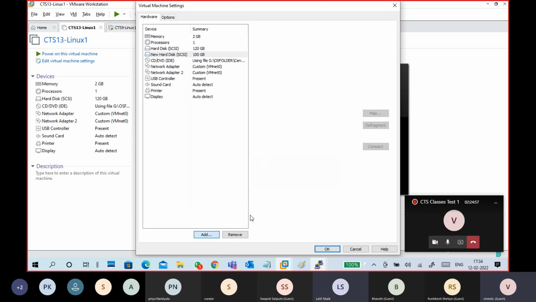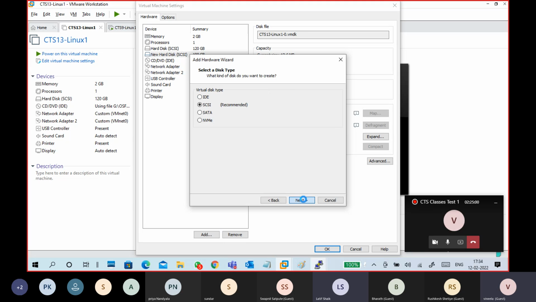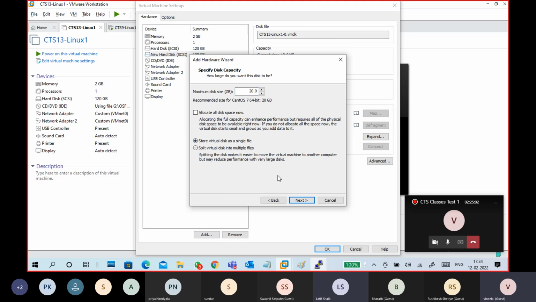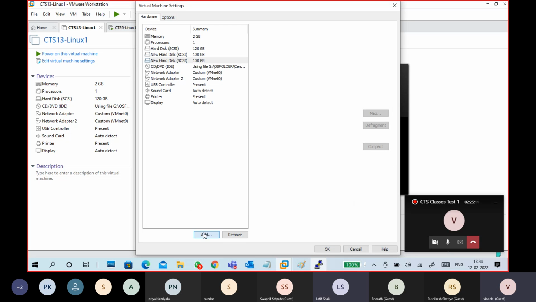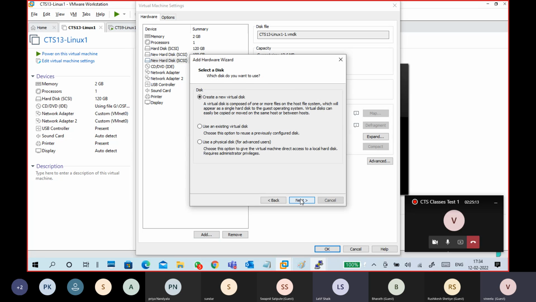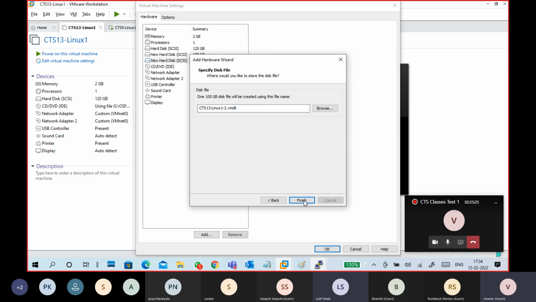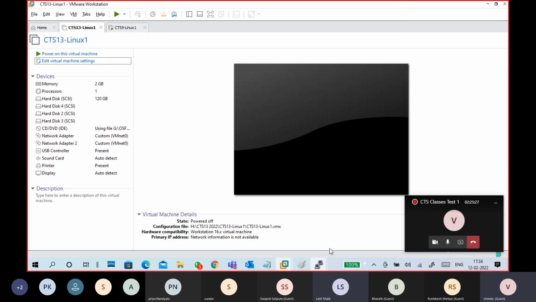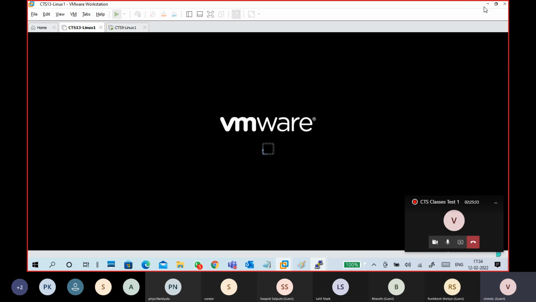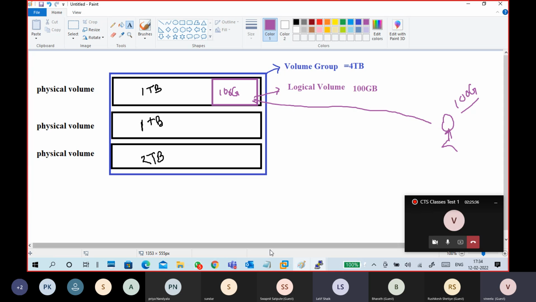Even if you don't have the space physically, no problem, because they are dynamically expanding disks, so they don't take the space in one shot. Equal or unequal, you can take, no problem. But I'm taking all of them as 100 GB. I don't use all, I will use only 2. So I added 3 hard disks and started.